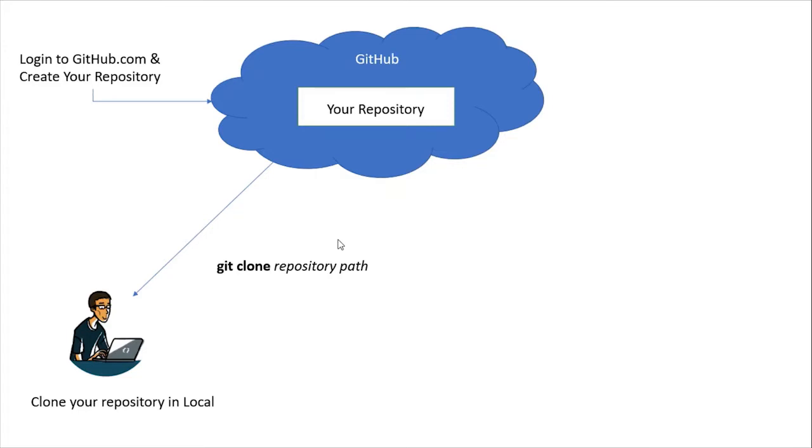Either you can clone your remote repository into your local repository with the help of Git command line interface commands, or you can choose a user interface such as Visual Studio to clone your repository. To make our job easier, I'm not going to get into the command line interface because you will have to remember the commands. Instead, I'm going to go with the Visual Studio approach.